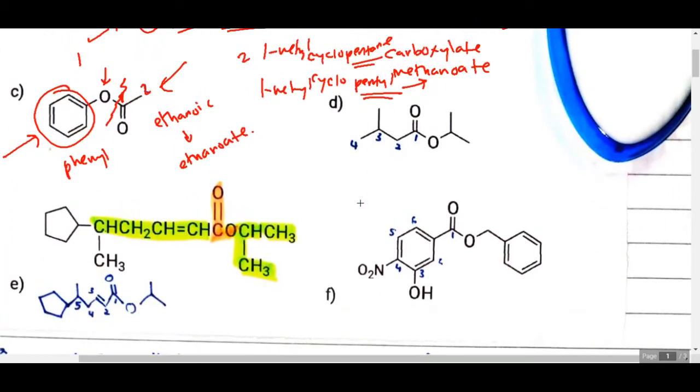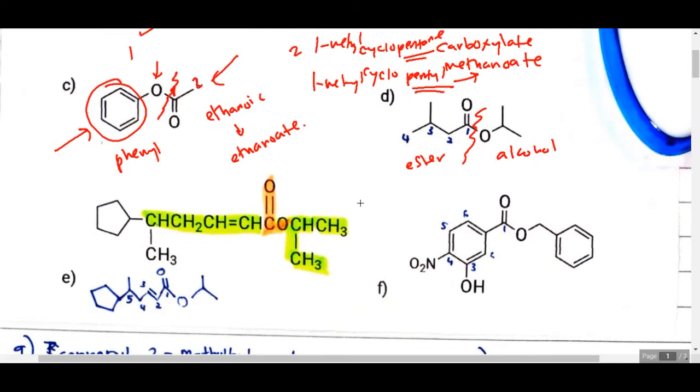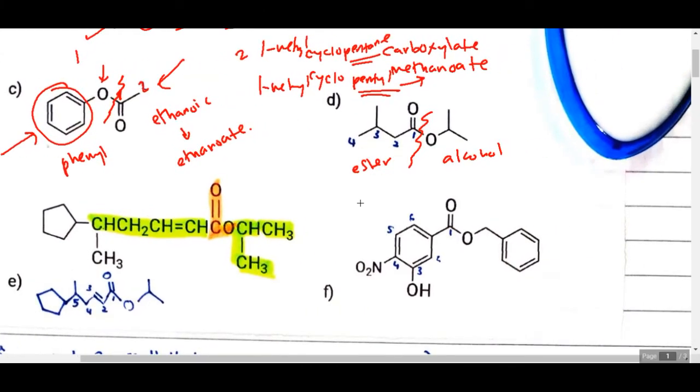Again, identify which part is the alcohol part. So this is the alcohol part. This is the ester part. For me, I will go for the alcohol part first because it is easy to identify. So there are 3 carbons here, attached to carbon number 2.